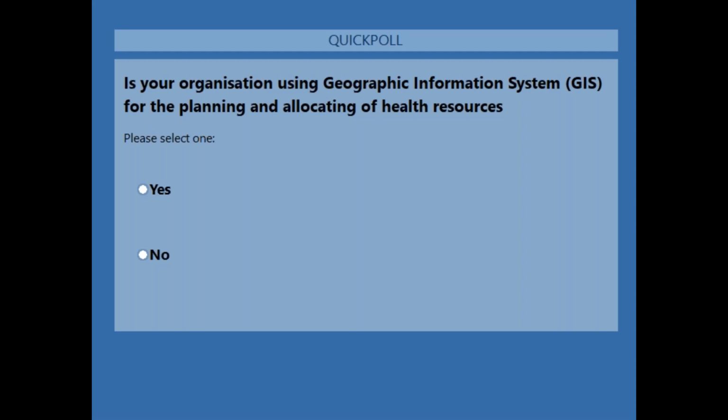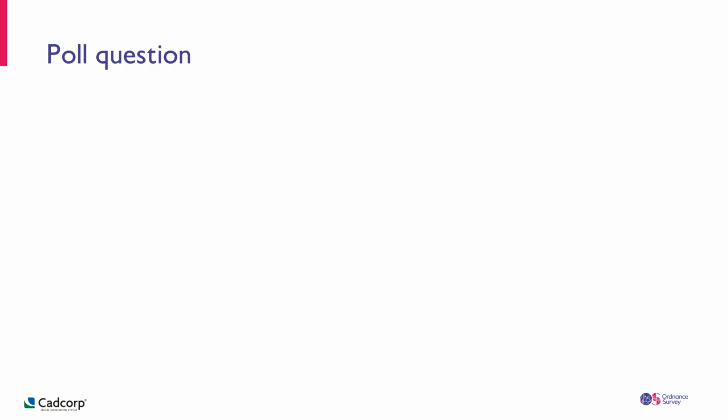Just a few more of you left to vote. Has anybody else not voted? Looking at that, about half of you are already using GIS in this way. So hopefully by the end of the day, the rest of you will see what you could be doing, and I'll get some ideas which we can talk to you about.